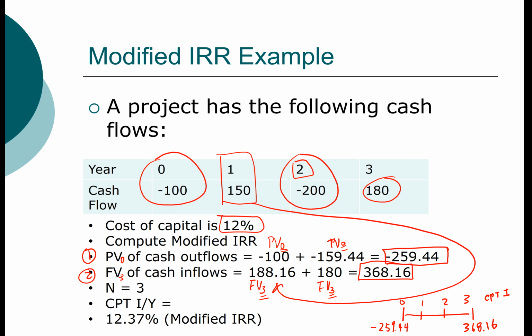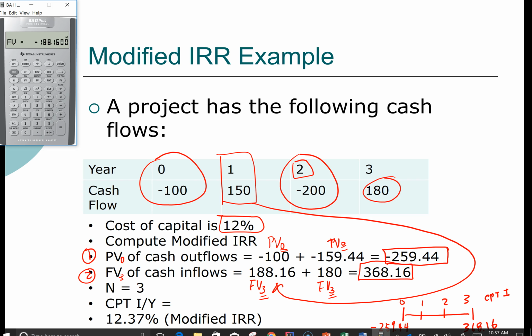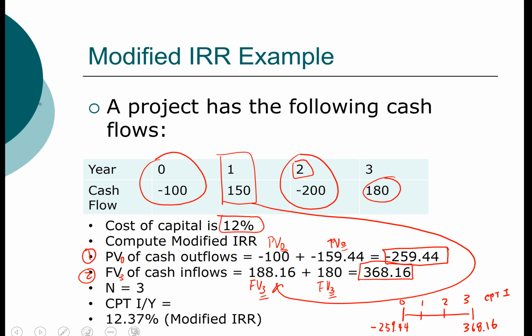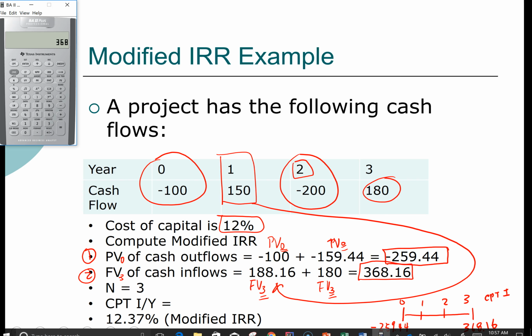So again, we'll enter this into our calculator. We need to clear our calculator again. And the inflow is $368.16. So that's our future value. Our present value is $259.44.